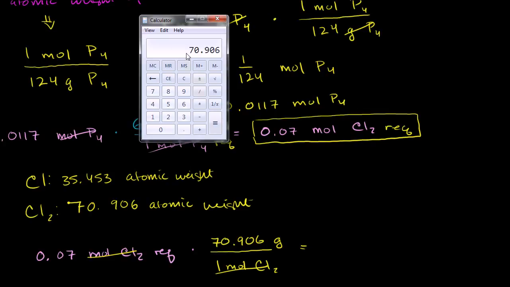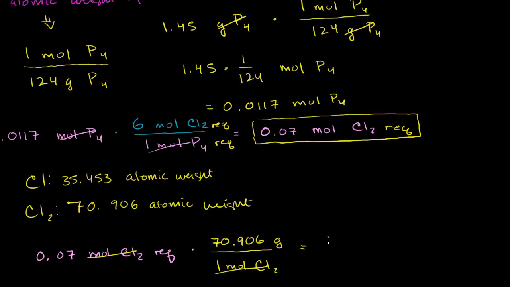So let's get that over here. We already have the 70.906 times 0.07 is equal to 4.96 grams. Actually, this is grams of chlorine gas.